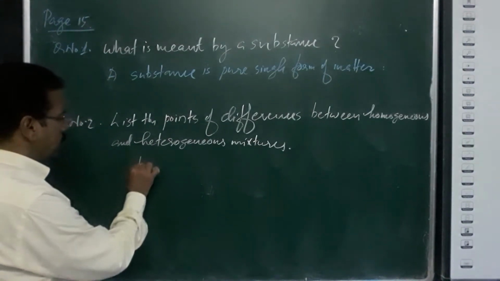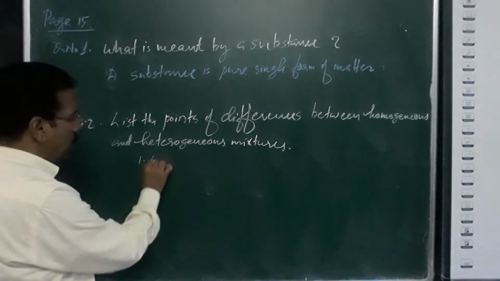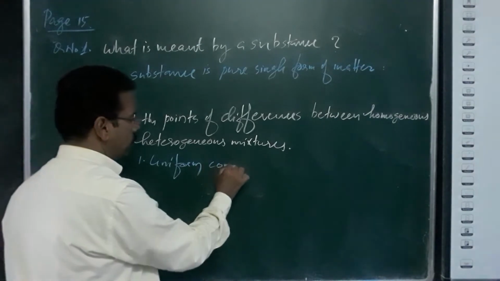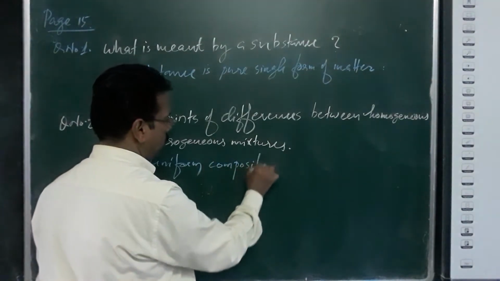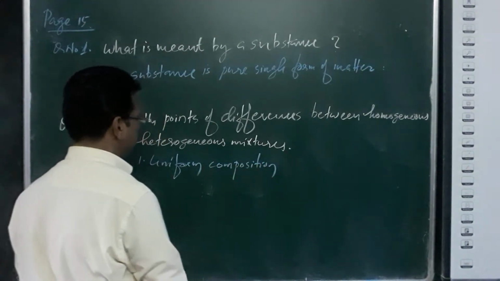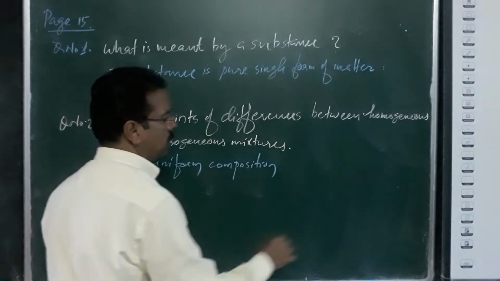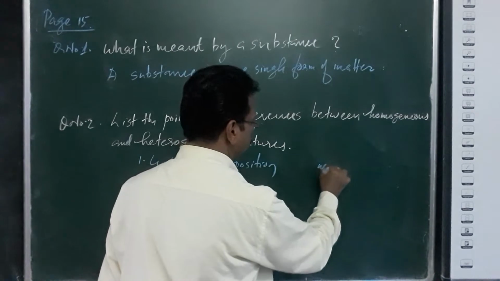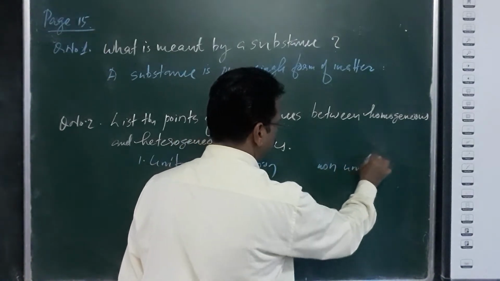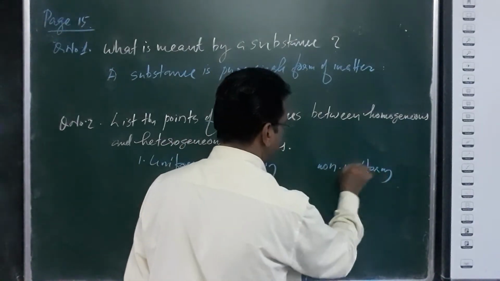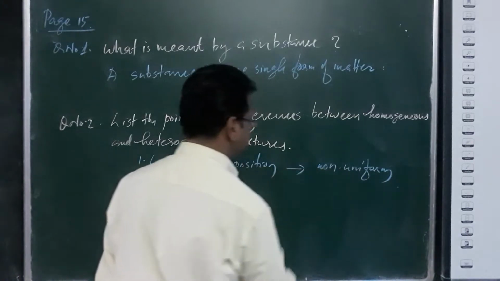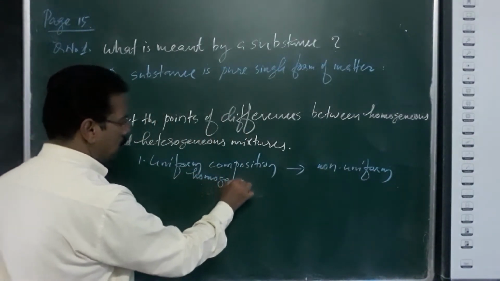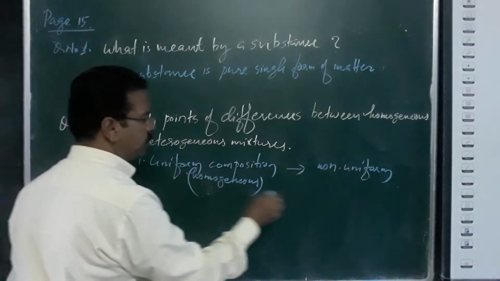The first one is uniform composition for homogeneous, but for heterogeneous, non-uniform composition. This is homogeneous, this is heterogeneous.